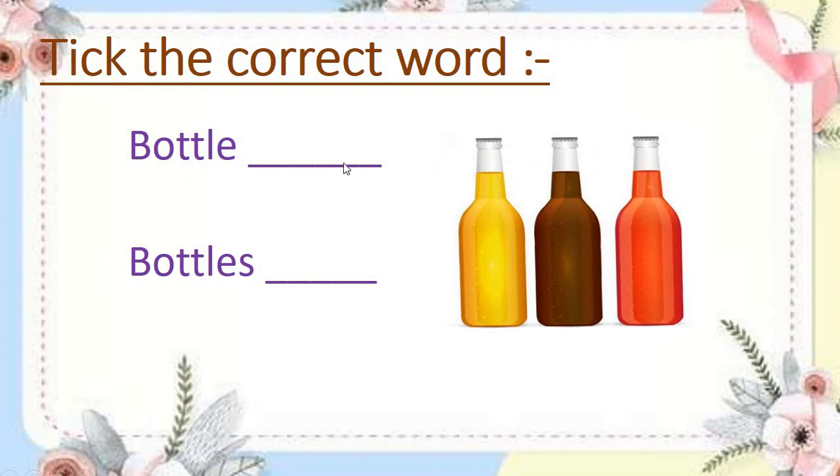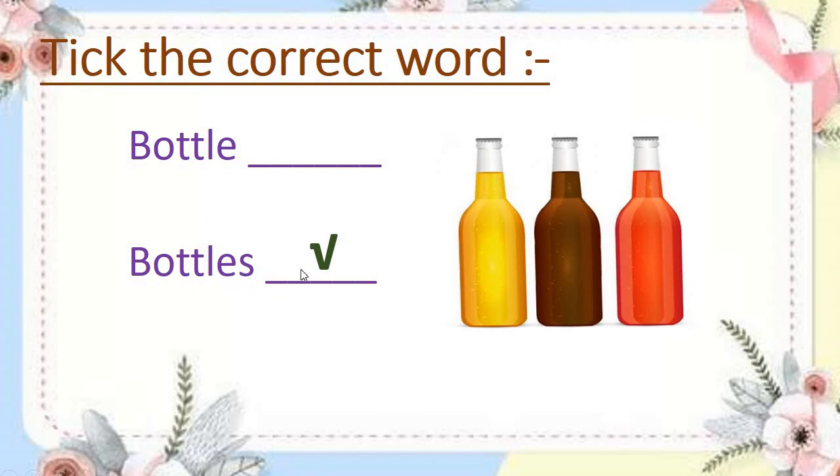So where do we have to tick the correct word? Which is the correct word for this picture? Yes, bottles. So here I will tick. We have to put a tick mark here. Why? There are 3 bottles, no? So the spelling will be bottles. S is added here.